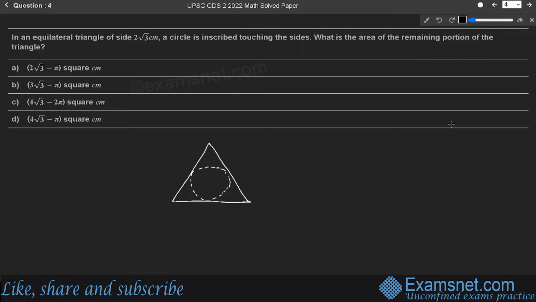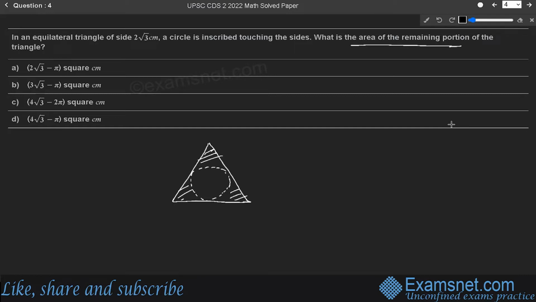What is the area of the remaining portion? You can see that this is the remaining portion. We have to just find the area of the remaining portion. It simply implies the area of triangle minus the area of this particular circle.